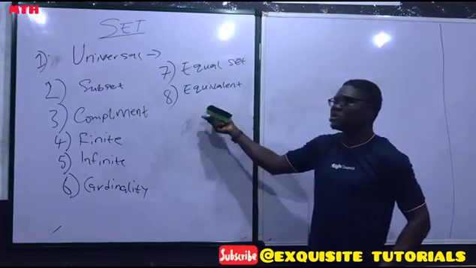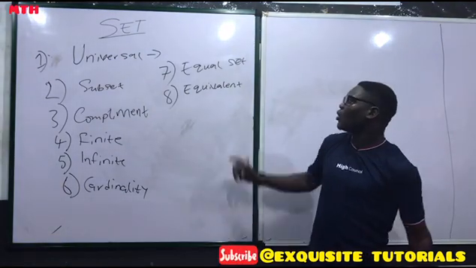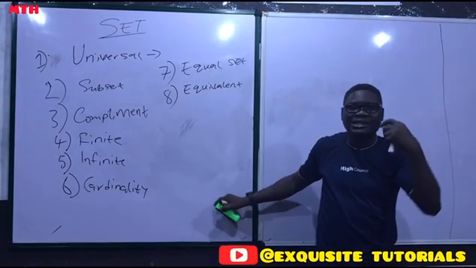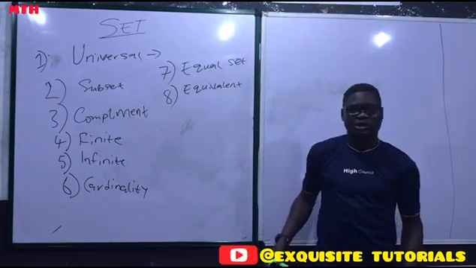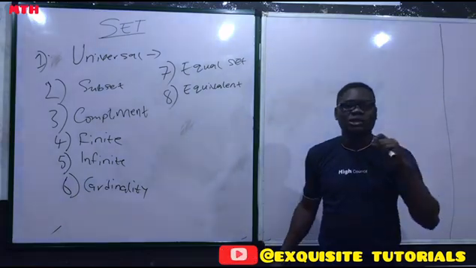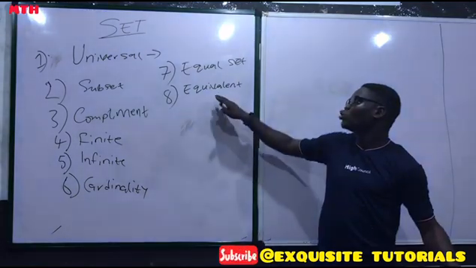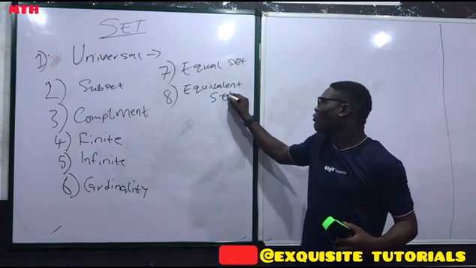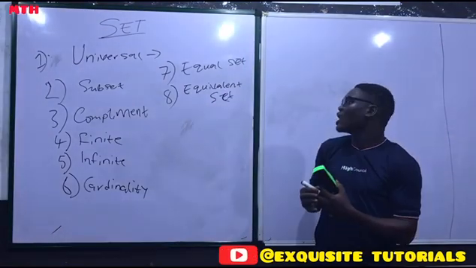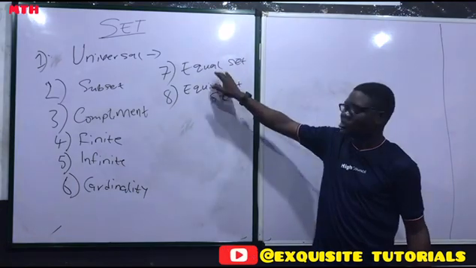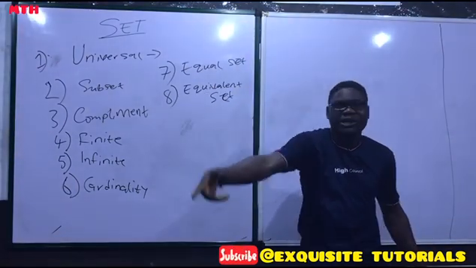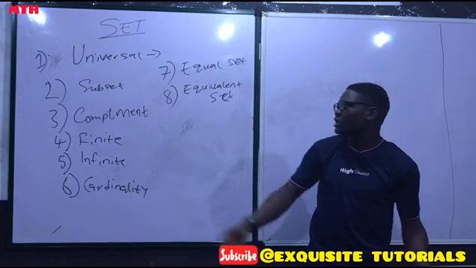Students confuse themselves with this. Two sets are said to be equal if they have exactly the same elements. But for equivalent sets, they must have the same number of elements. So 2 sets are equal if they have the same elements, but 2 sets are equivalent if they have the same number of elements, meaning they have the same cardinality.